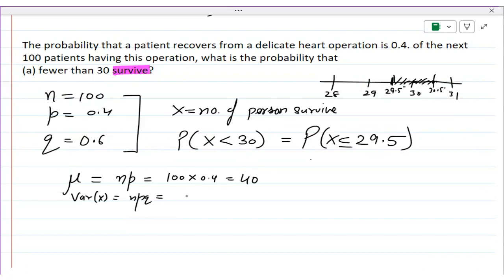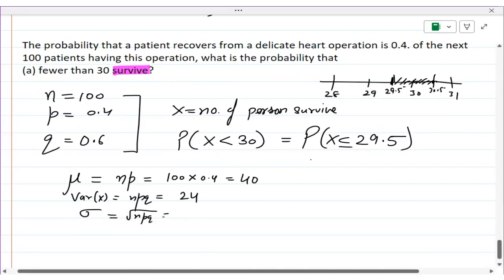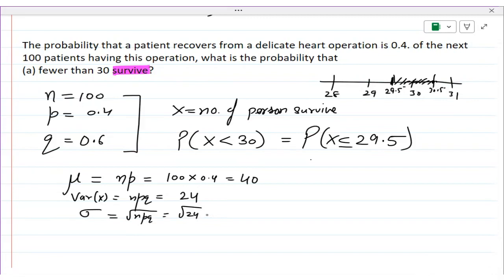So 40 into 0.6, you will get 24. This is the variance, but you have to find the standard deviation. Standard deviation is the square root of variance, the square root of NPQ, which is the square root of 24. Any doubts? It is approximately near 5, but you can find the exact value with the help of a calculator.